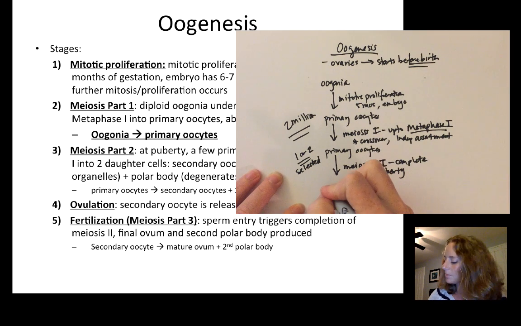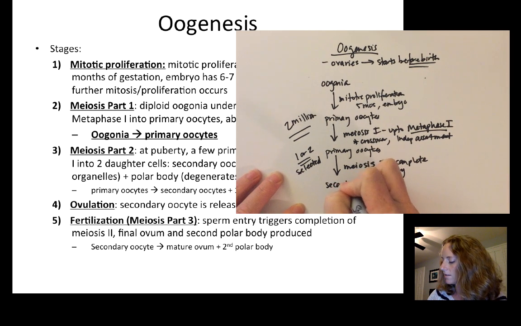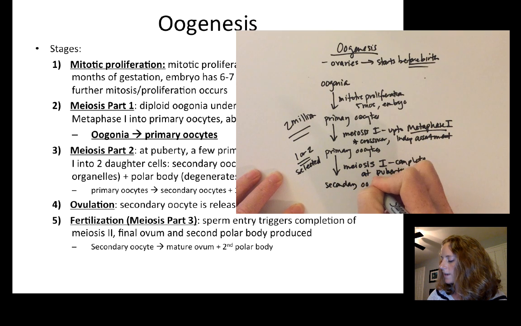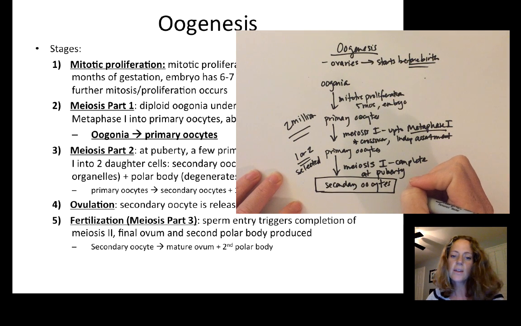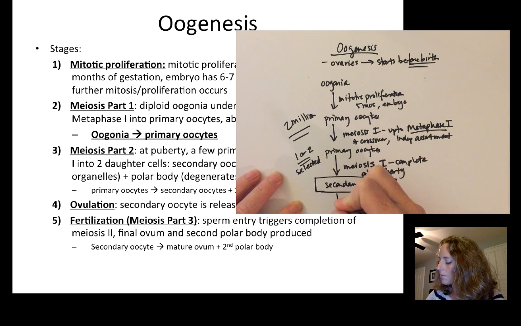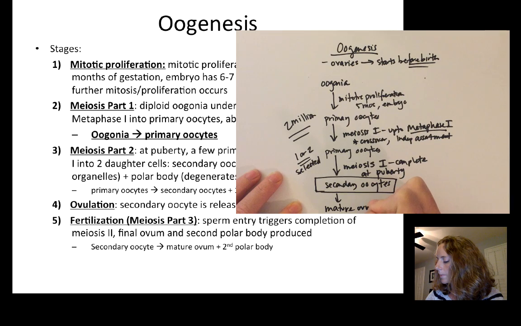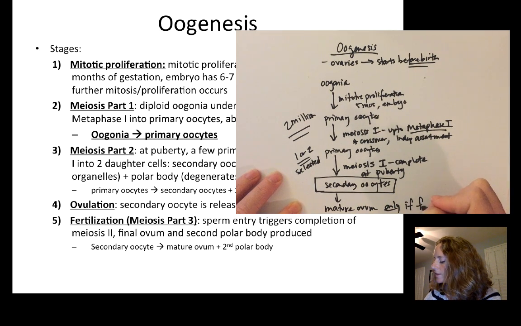As that happens, it becomes a secondary oocyte. And it's going to stay a secondary oocyte throughout the monthly cycle, and it will only complete and become a mature ovum only if fertilization happens.